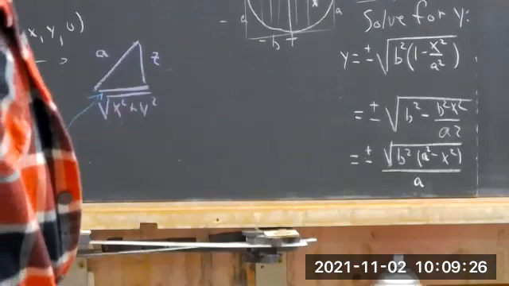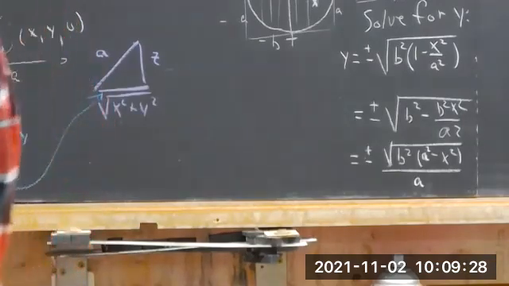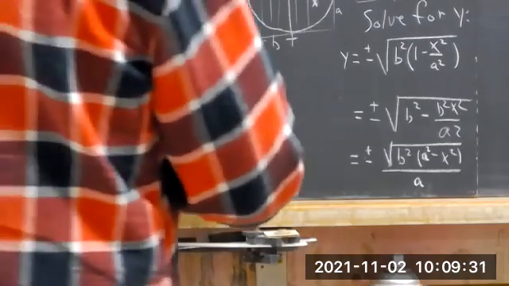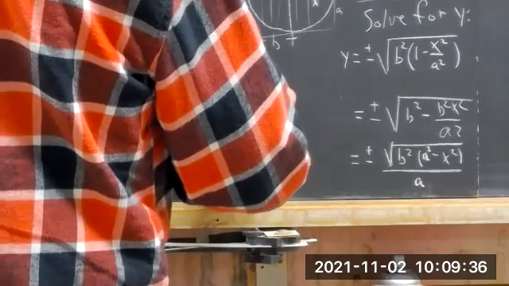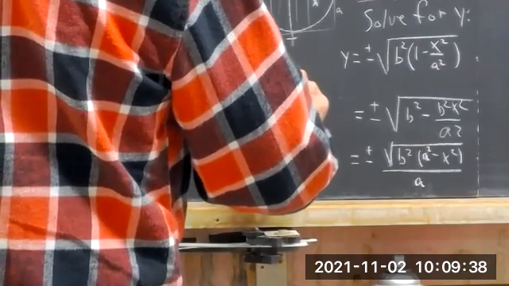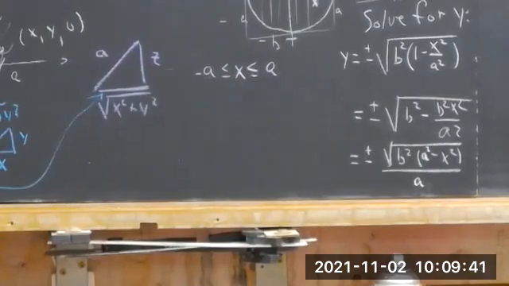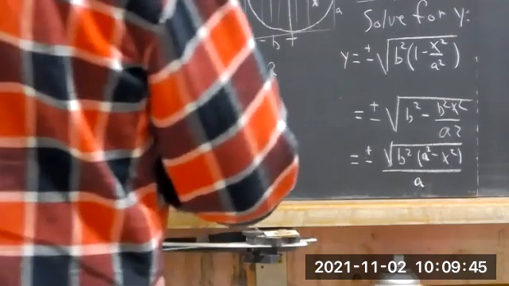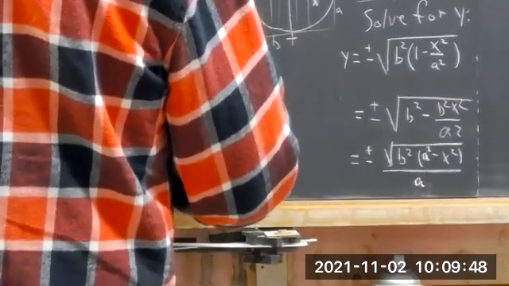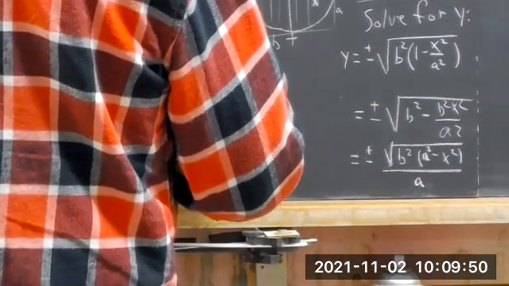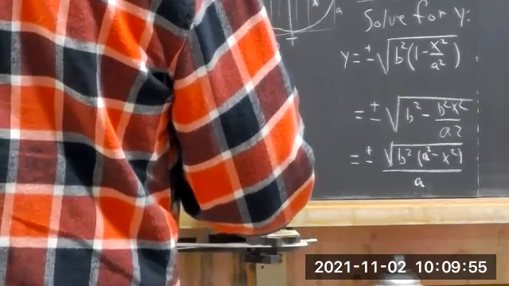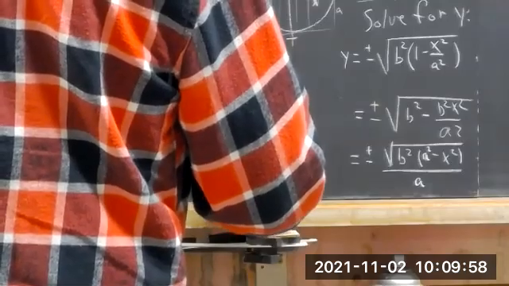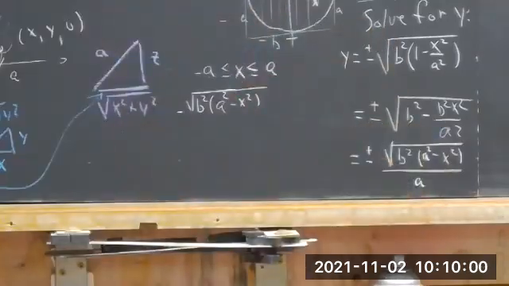Okay, well, what do we know now? At this point, we know that X goes from negative A to A, and Y goes from negative square root of, could be any of these expressions.